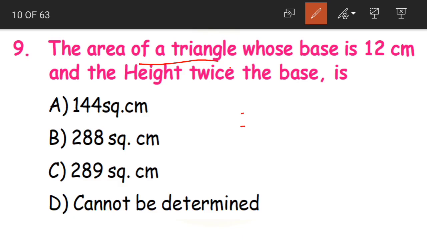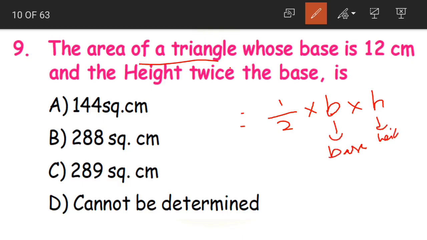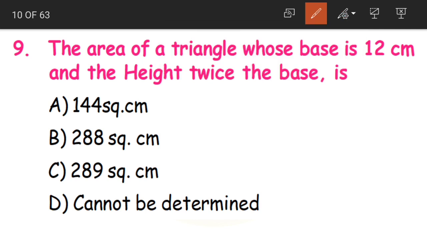The area of the triangle means 1 by 2 into base into height. Is this clear, children? 1 by 2 into B for base and H for height. 1 by 2 into base into height. So what are they saying here? Base is 12 centimeters. Okay. Now what about height?